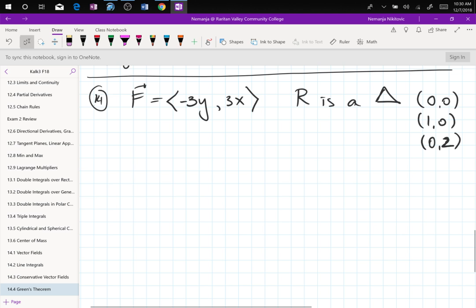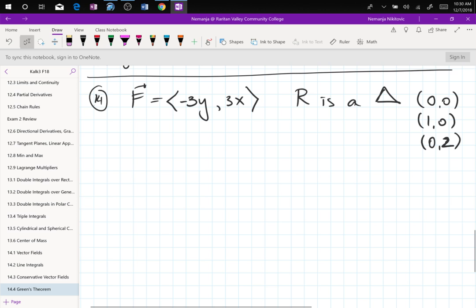We have to do 3 separate problems and add them together. You have to run the line integral for the line that stretches from 0, 0 to 1, 0. That's a full problem from 14.2. Then you have to restart the problem and do for the piece from 1, 0 to 0, 2.